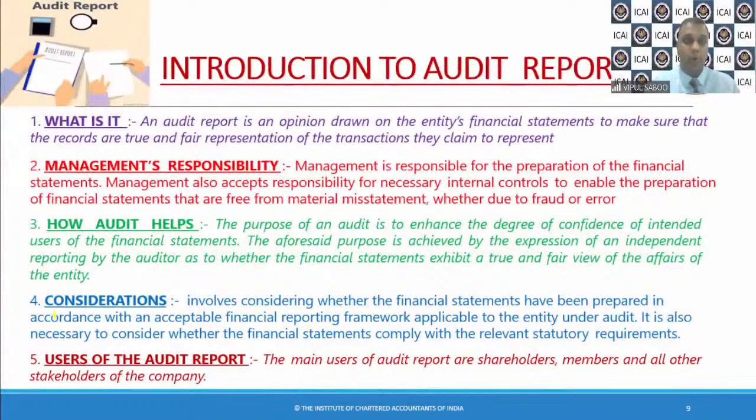So audit report is what? It is an opinion drawn on the entity's financial statements.